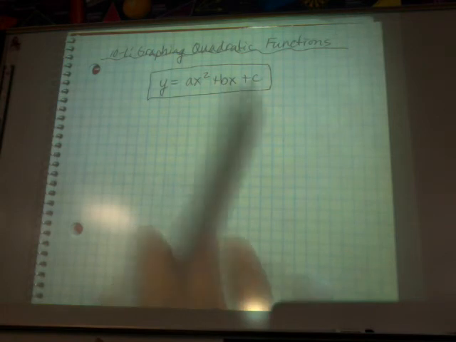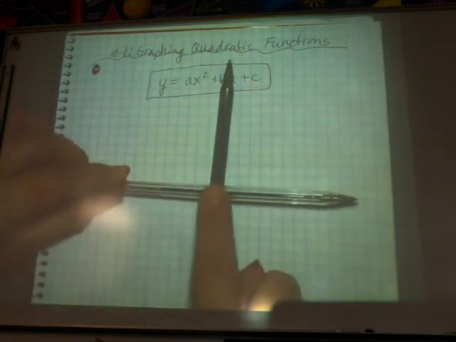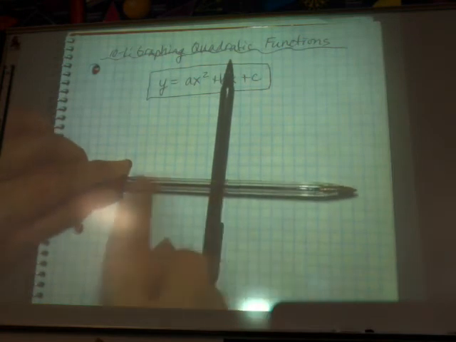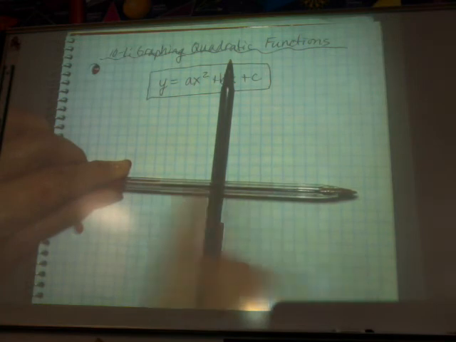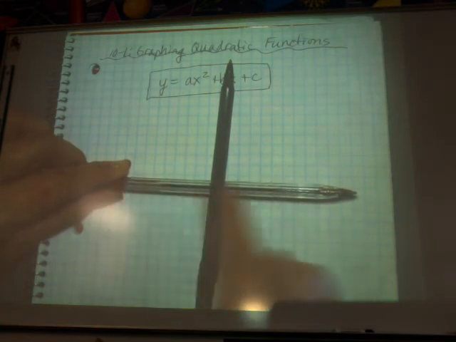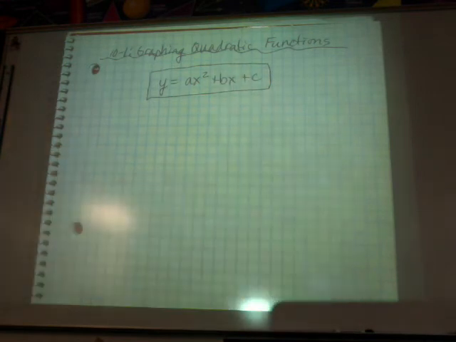Because if you think about a coordinate grid, isn't y 0 all along the x-axis? Right? The y value for any ordered pair along the x-axis is 0. That's why we let y equal 0, and we find what are called the zeros, or the solutions to that quadratic. Well, now we're going to find those solutions, and we're also going to graph that quadratic.